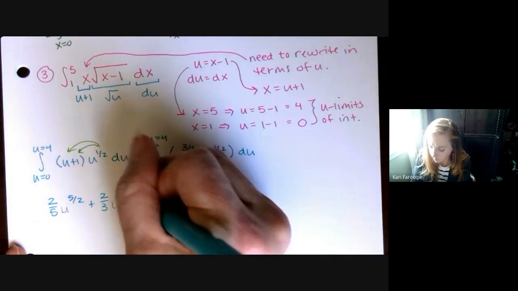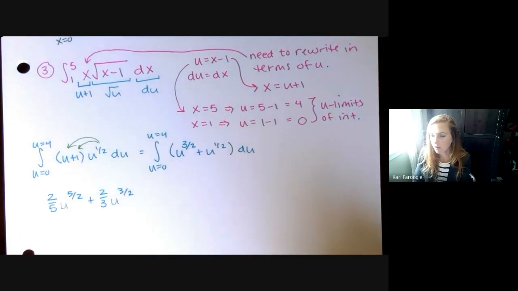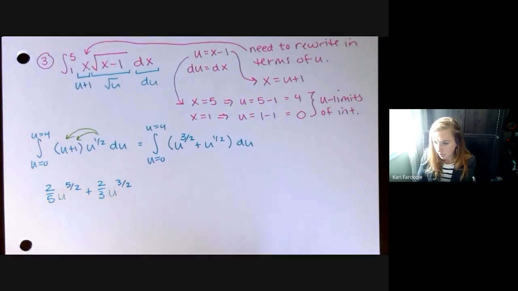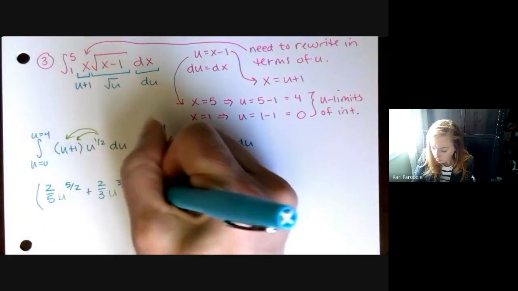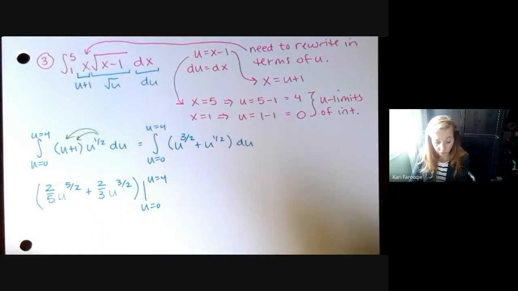I know it's one of those things where I would have given you your exam back. It would have been like, why did I do that? That was a silly mistake. I just made a silly mistake, but luckily I caught it very quickly. All right, 2/5 u to the 5 halves plus 2/3 u to the 3 halves, and that expression is getting evaluated from u equals 0 to u equals 4.